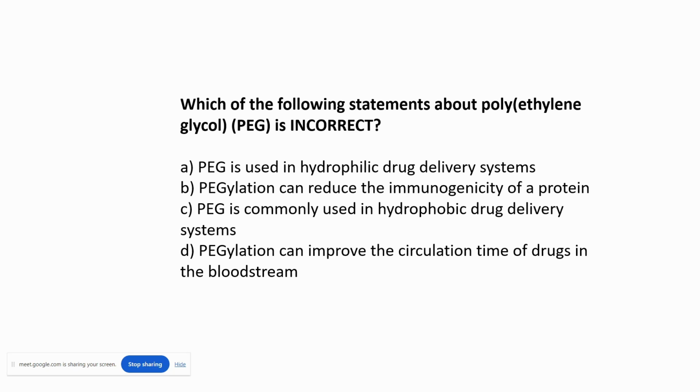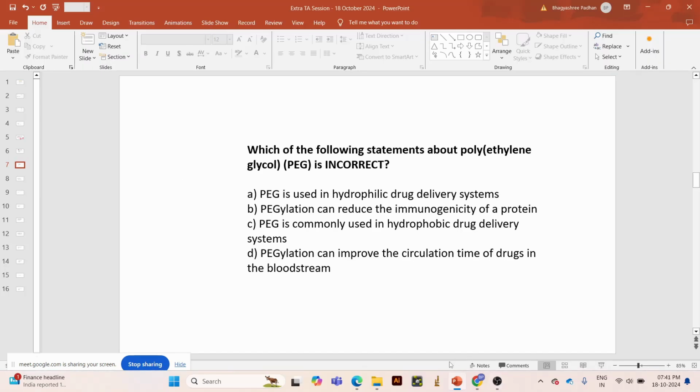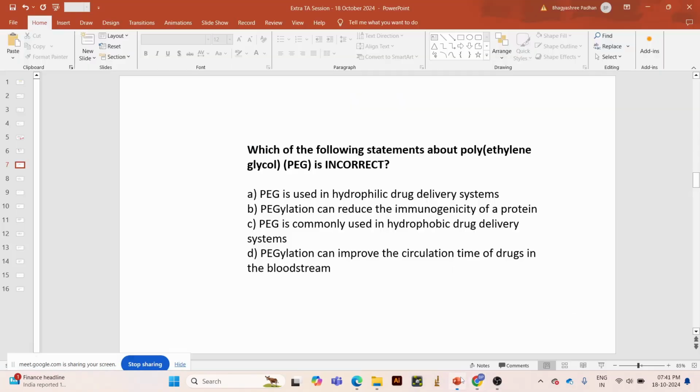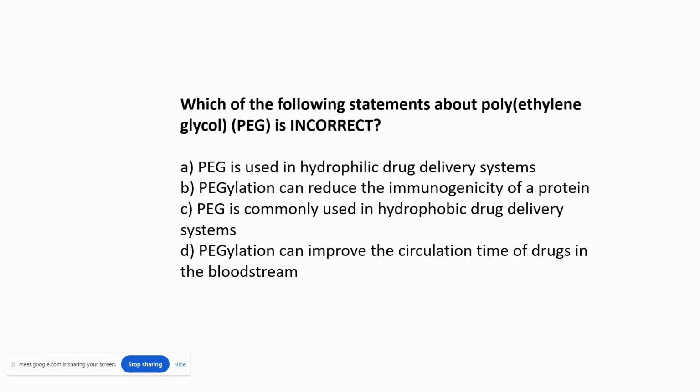Okay. I'm sorry to say this, but there is some error on my part in forming this question. I forgot to change one word here, but most of the options seem correct.